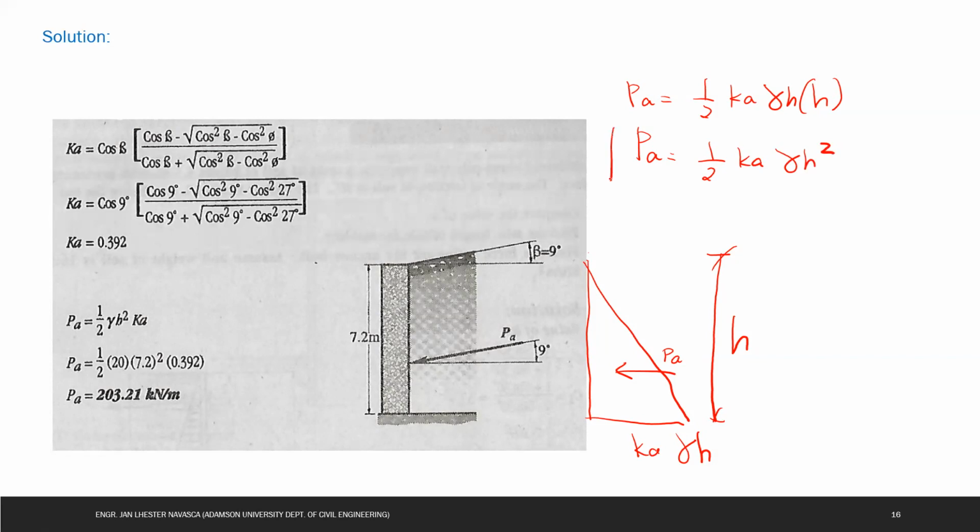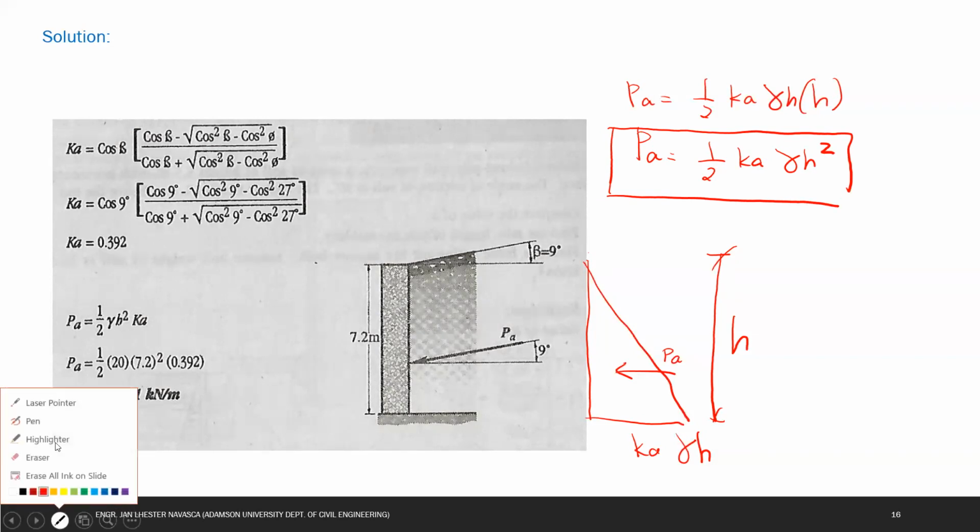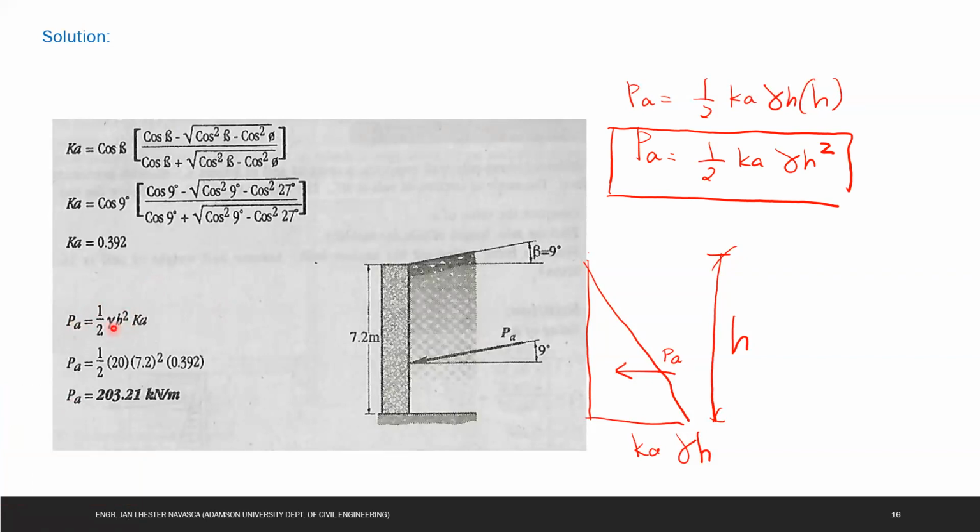Sometimes when you see handbooks, this is the formula given because that is the derivation of the area of the triangle. So don't be confused when you see that formula. So P sub A is 1/2 gamma H squared times K sub A.